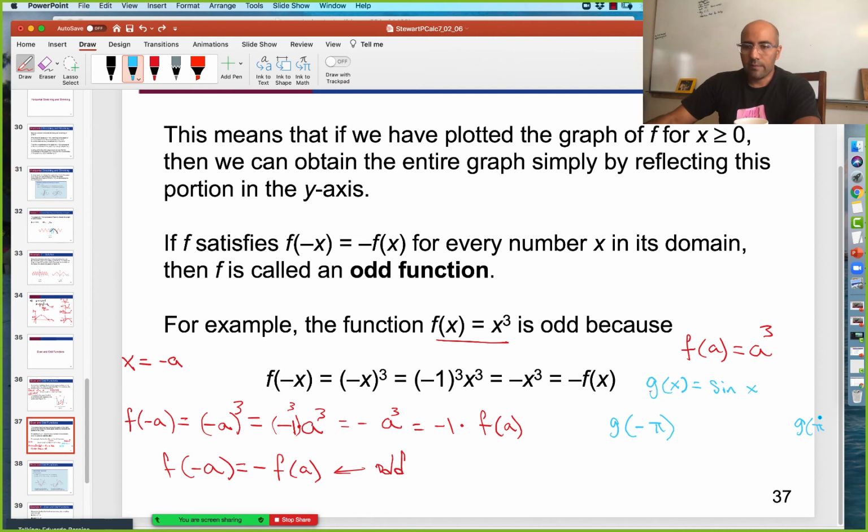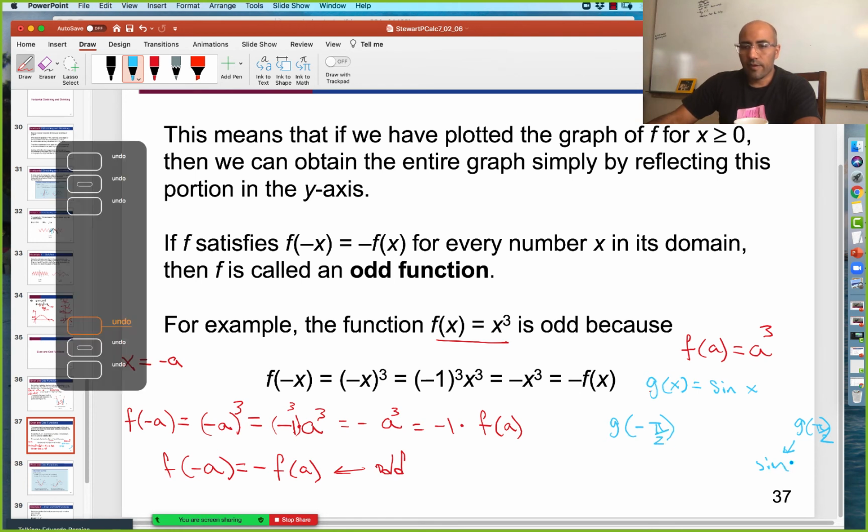You want to see what the relationship is between these two. Actually, I don't want that. I want, say, pi over 2, and negative pi over 2.